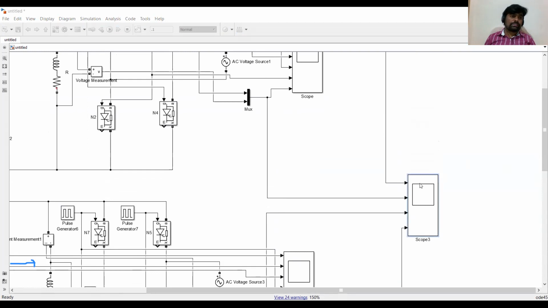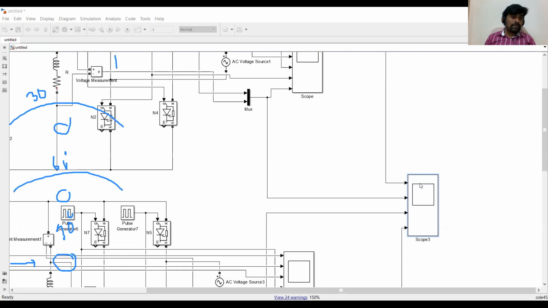Now you can see output voltage, output current at different values of firing angle at the same scope. So now this is for 30 degree, this is for 60 degree, and this is for 90 degree. And you can see the negative peak here. And in the first cycle, it is completing only the positive half cycle.